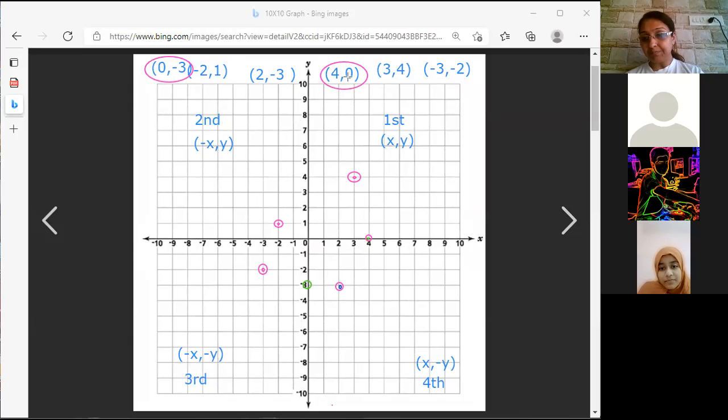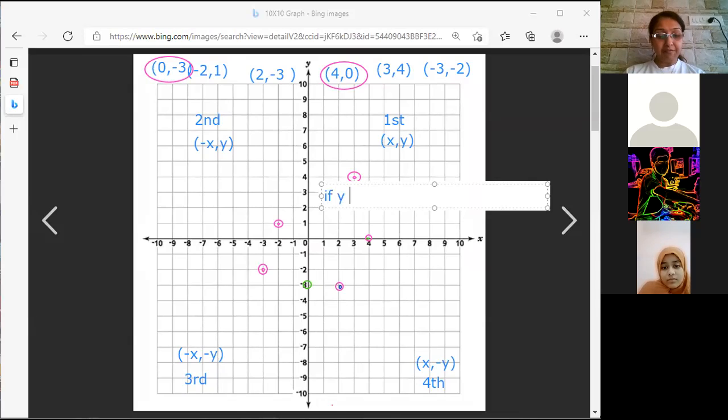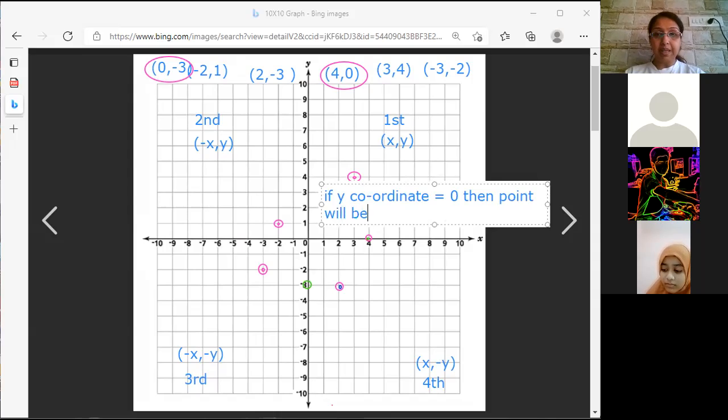Do you get me? Do you want me to write this down? Yes, ma'am. If the y coordinate is 0, then the point will be on the x-axis. You get me?